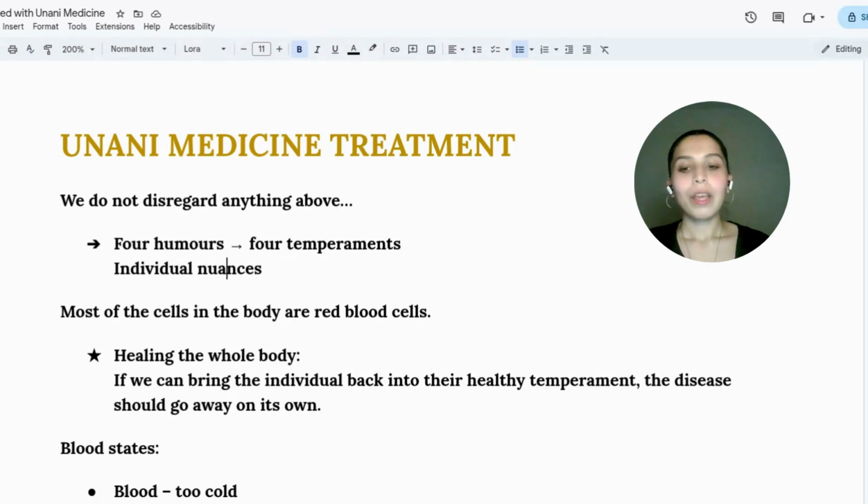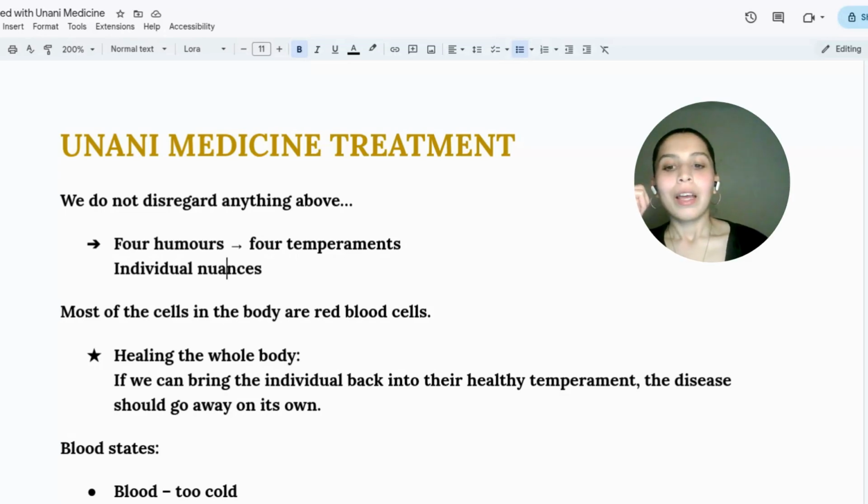But anyhow, some physical bodies are more hot, some are more cold, some are more moist, and some are more dry. So some people have more dry skin, some people have more moist skin, some people react much quicker, some people are just slower, and these are all normal. We're not all created the same.